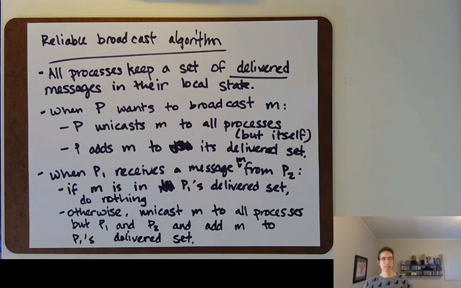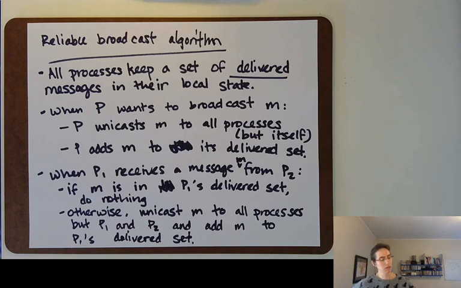So some folks are asking, wouldn't this result in a whole lot of messages being sent? Yes, absolutely. So we'll talk about that in a second. The way that it works is every process is going to keep track of messages that have been delivered to them, right? So we're going to assume that if you're sending a message, then you know about it. If you want to broadcast a message, remember we're assuming that unicast is a primitive that everybody has.